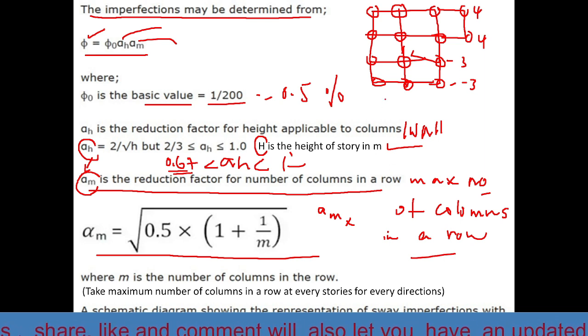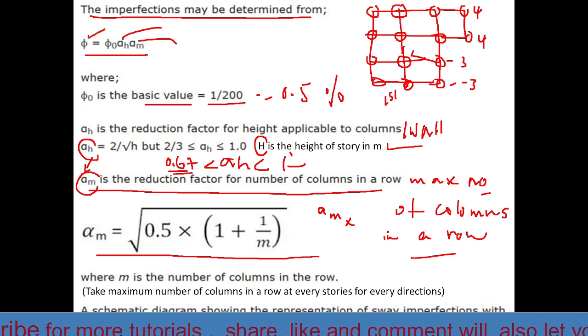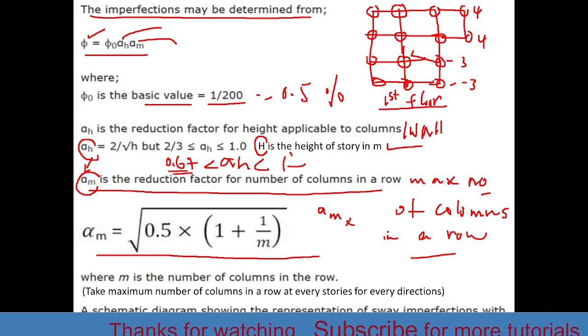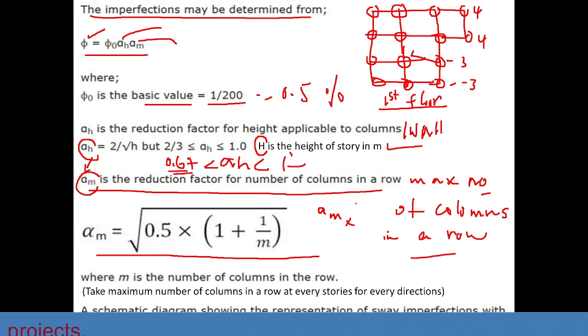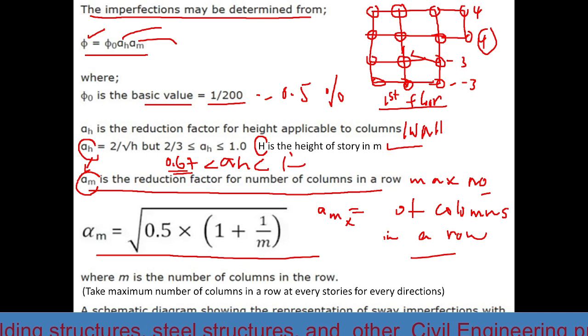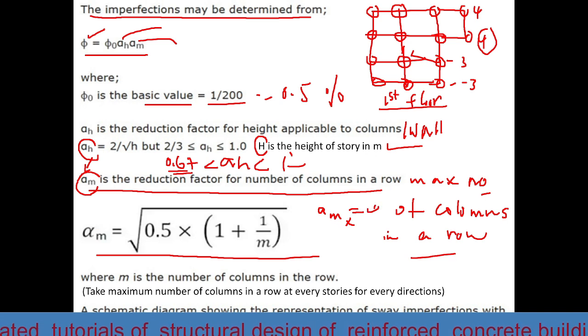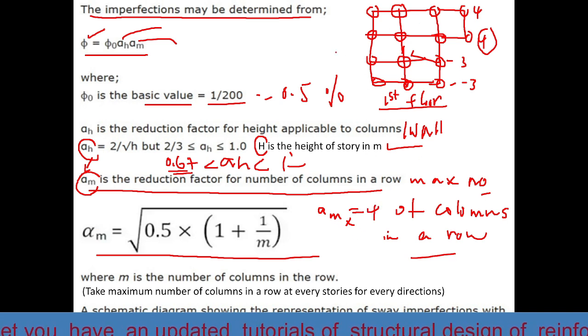So if this is the first floor plan, alpha mx equals, how much is it? It is 4, because this axis contains the maximum number of columns in a row. So alpha m may be taken as 4 for x direction.